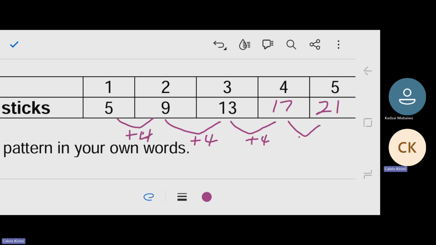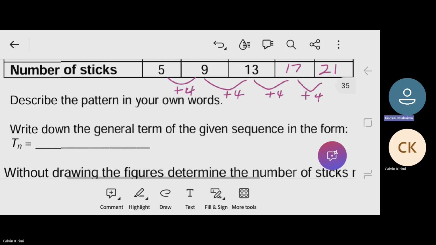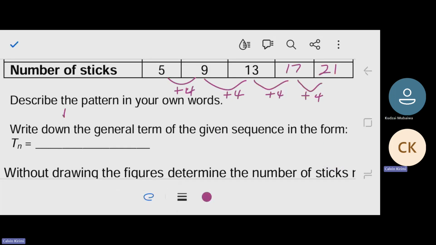Then plus what? Plus 4. So the pattern in your own words: they are adding 4, isn't it? Adding 4.